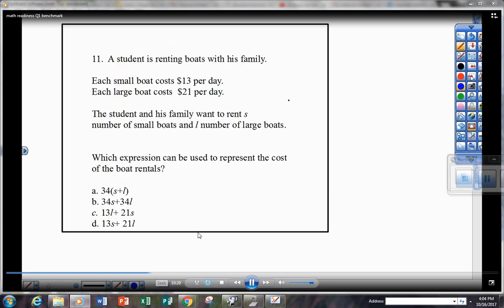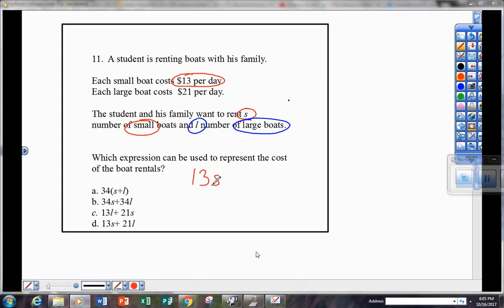Any time they're asking for more than one answer, just make sure you answer for both. Alright, next, problem 11. This word problem is saying a small boat costs $13. They're going to use the letter S, which makes sense. And a large boat costs $21. They're going to use L. So those two letters represent those kinds of boats: S for small, L for large. $13 per day means I'm going to multiply that by the variable, so 13 times S I write as 13S.